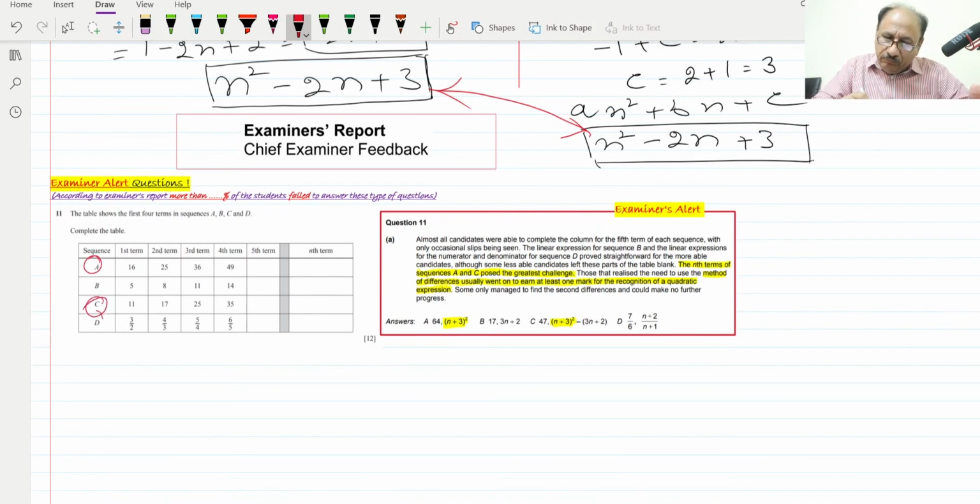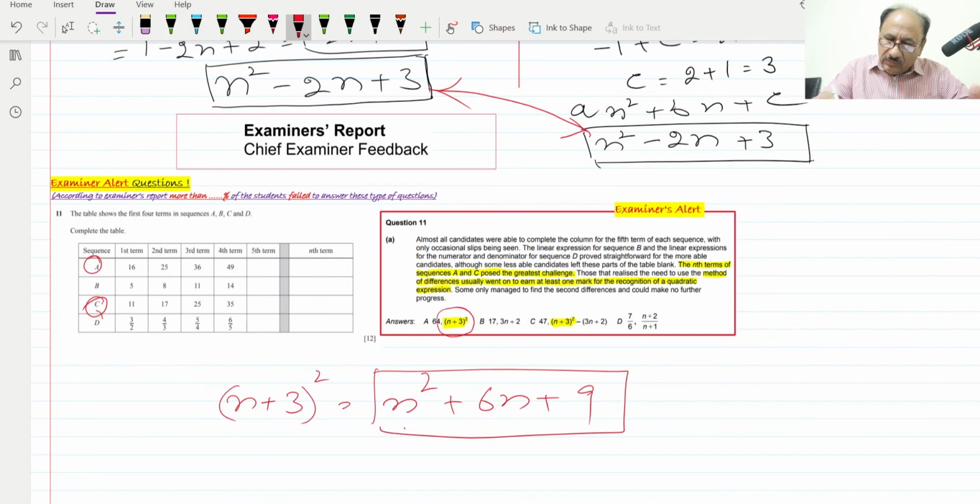Both are involving squares, so quadratic sequences. The answer for the first one is n plus 3 squared, which you can write as n squared plus 6n plus 9. So this is the general formula for the A part, and students were not able to solve this.